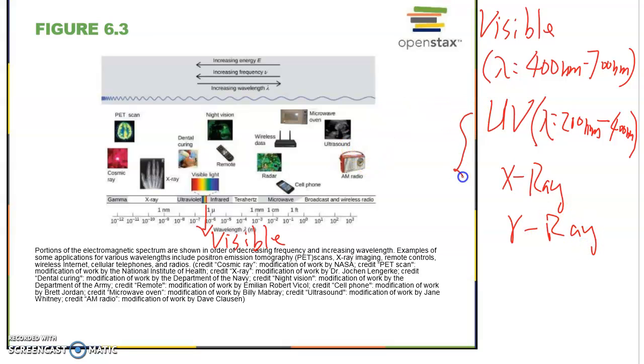These three types of electromagnetic wave are called ionization radiation. Why do we call that? Because these three types of electromagnetic wave can actually cut a molecule.